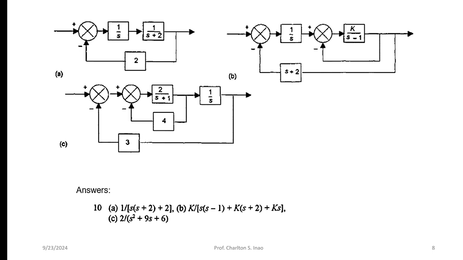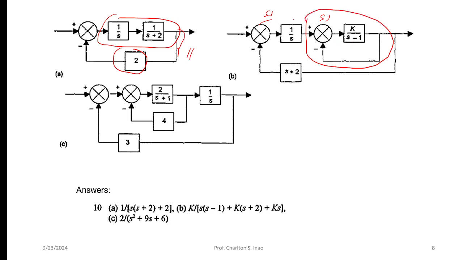First, we have this block diagram with transfer blocks in series, and then there's a parallel. This one is in series, and this one is parallel to this, right? There are two summing junctions. So we need to simplify this first.